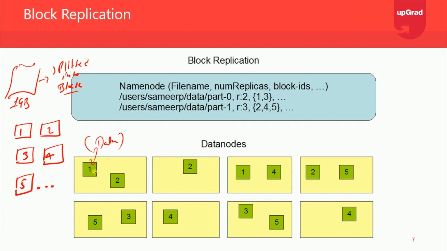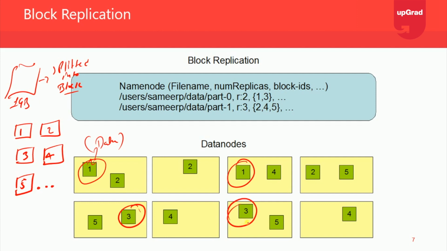So here the green blocks must be easy to understand now that these are basically the split chunks of the whole file. One thing that you can observe here is that we have duplicate blocks. You can see here. And similarly, we have the duplicate blocks for other blocks as well.